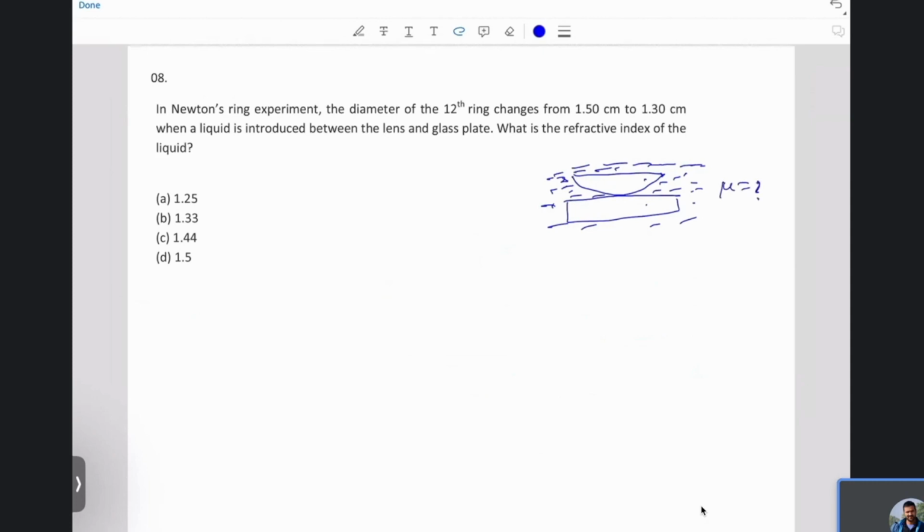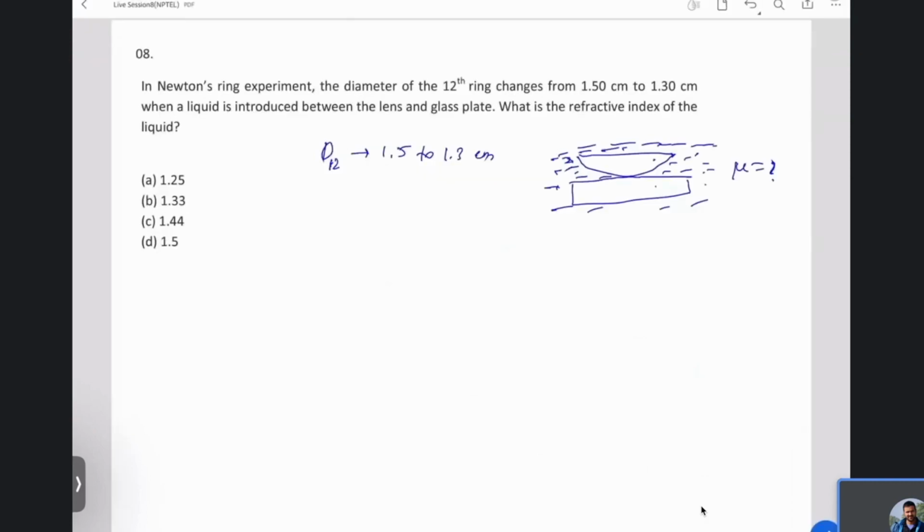And what is given is the diameter of the 12th ring. Okay, so D12 changes from 1.5 centimeter to 1.3 centimeter. Now you remember the formula for diameter, right?